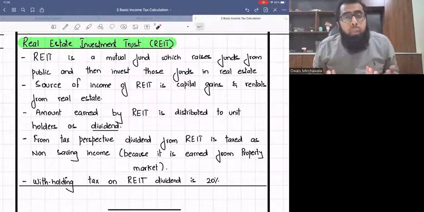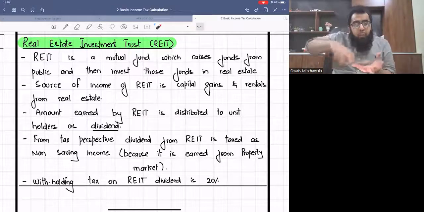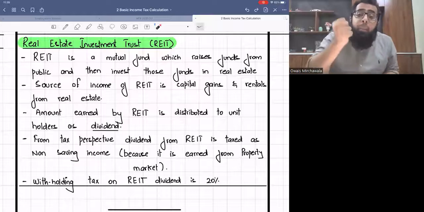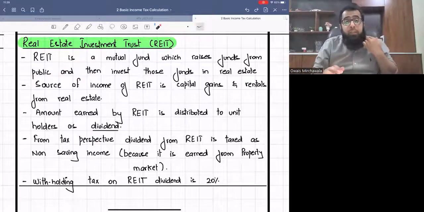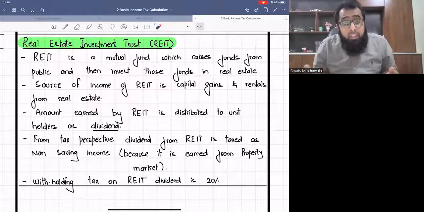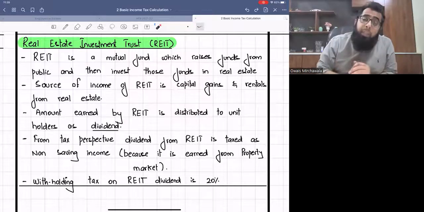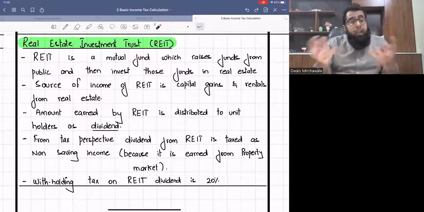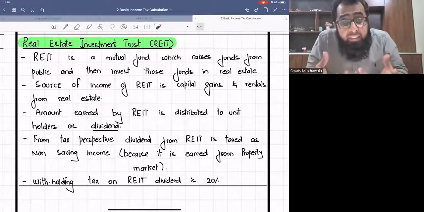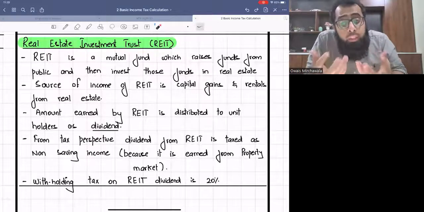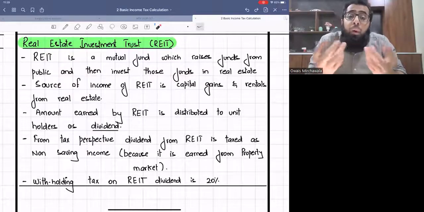Now this fund will gather all the amount and it will invest in the property market, in the real estate market. It will earn rental income. It will earn capital gains. And then whatever it earns, it will distribute to its shareholders or to the unit holders in form of a dividend.